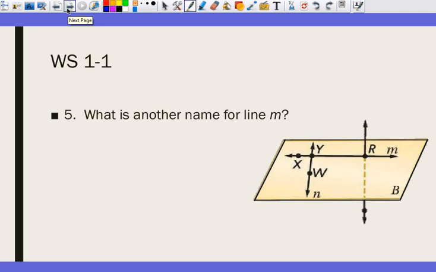Moving on. Am I going too fast or are we good? Okay, what is another name for line M? Highlight line M really quick. What are 2 points on that line? RY, sure. RZ. Wait, no, not RZ. RZ would be down here.